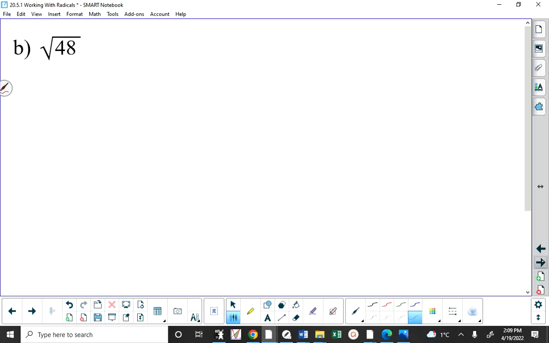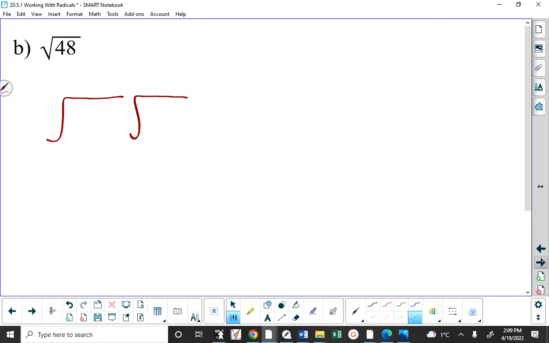We take a look at root 48, and you use my philosophy. You want to find a number that divides into 48 that is a perfect square. And I think most people's reaction would be 4. Would you agree 4 divides into 48?